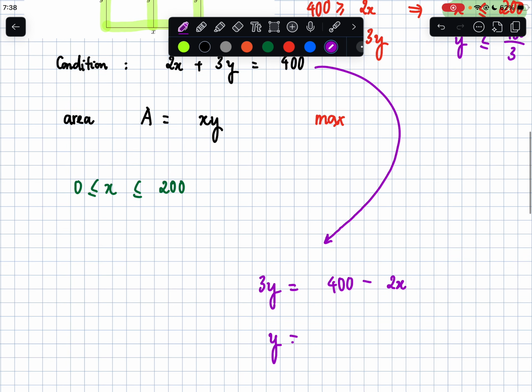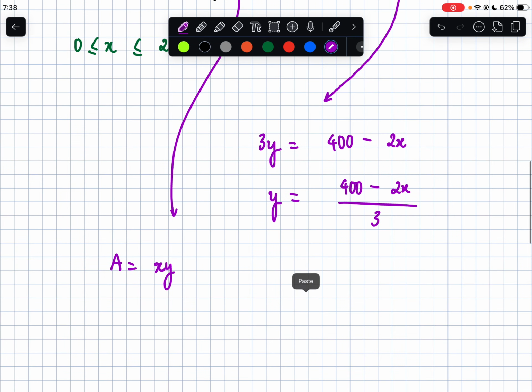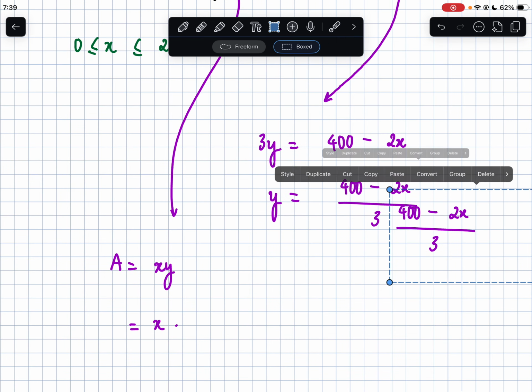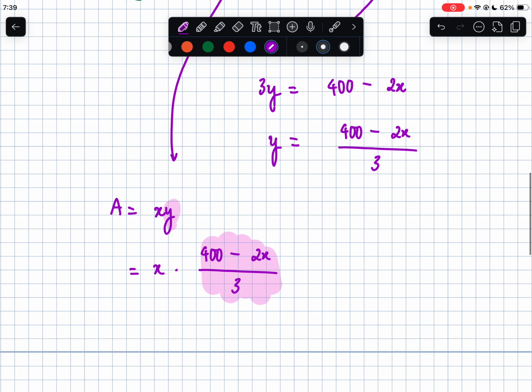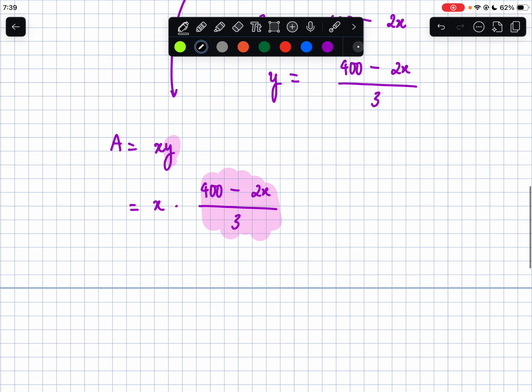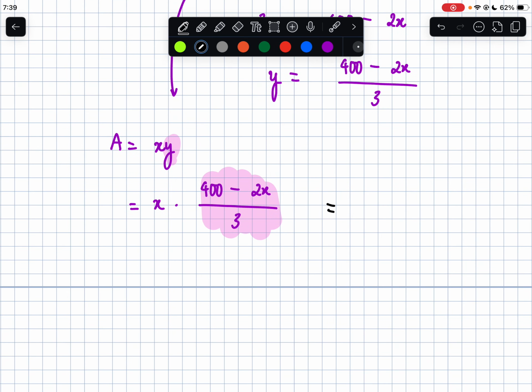So the area A equals x times y, equals x times, here's our value for y with respect to x. So this gives us area equal to x times (400 minus 2x) over 3.